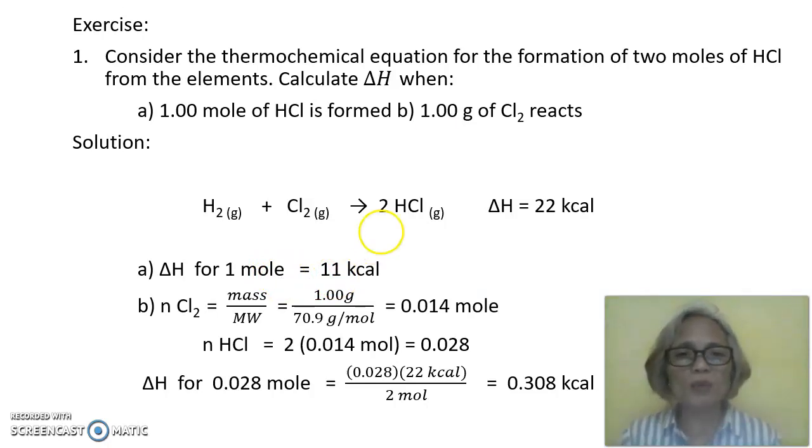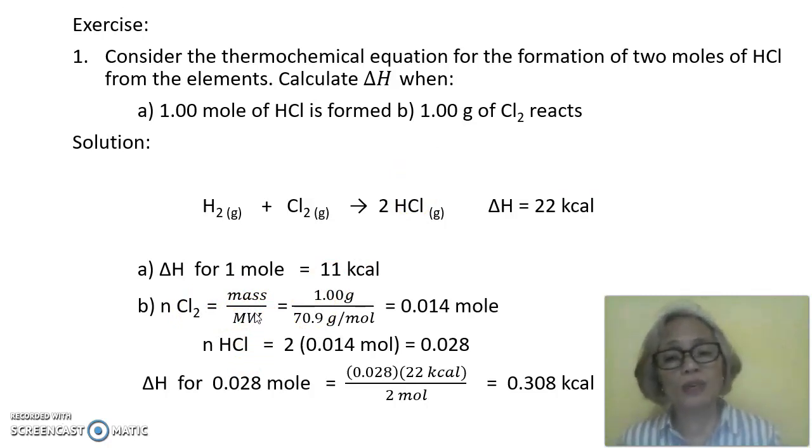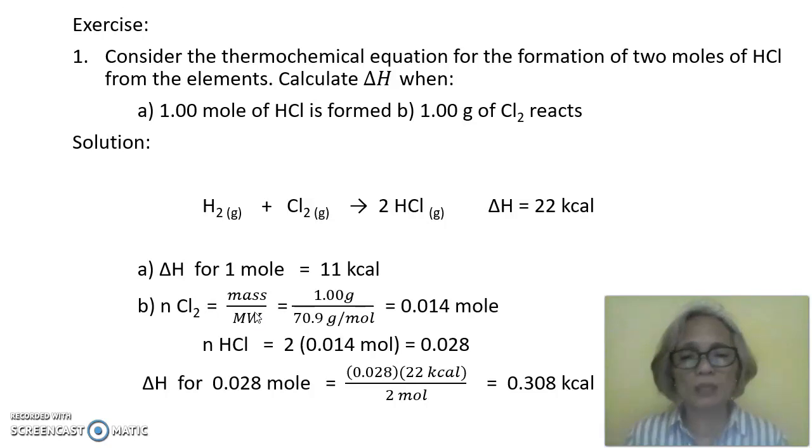For letter B, we want delta H for 1.0 gram of chlorine. Take note that this thermochemical equation is in terms of number of moles. So we want to determine the number of moles of chlorine gas equivalent to 1 gram of chlorine gas. We use the formula: number of moles is equal to mass over molecular weight. This is a review from your general chem, although I also gave a PowerPoint presentation as well as a video on this.